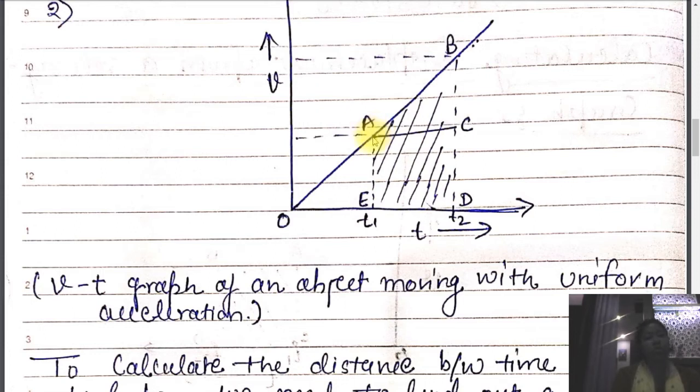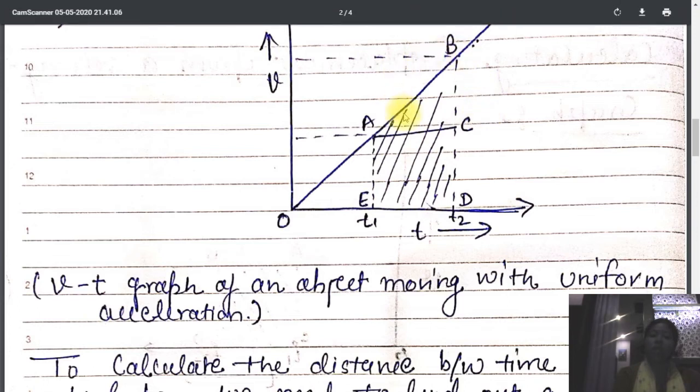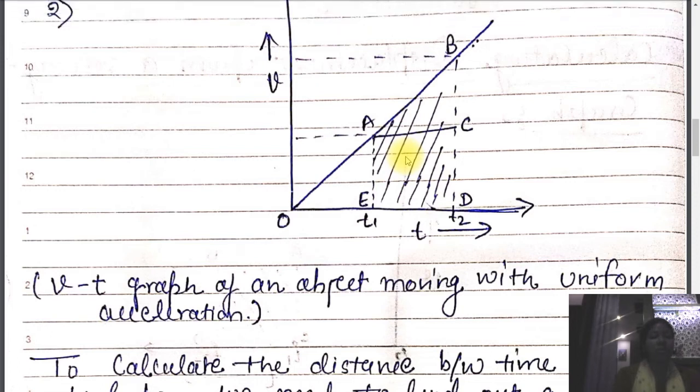If we draw a line from point A to point C, the graph will divide into two portions: the upper portion and the lower portion. What is the shape of the upper portion? That is a triangle, or we can say a right angle triangle. And the shape of the second portion of the graph is a rectangle.